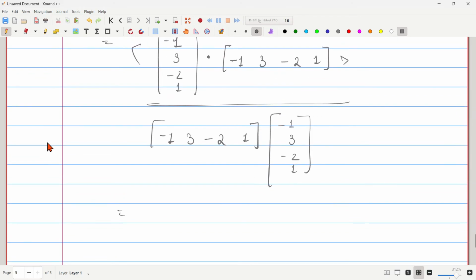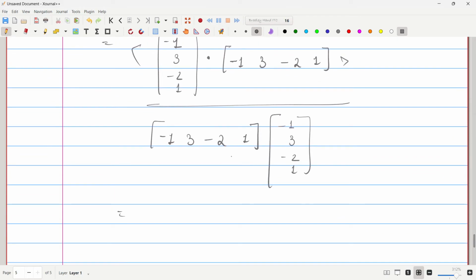So what is the dimension of this now? Row into column, 1 into 4 and 4 into 1. So this will give a proper value. So the value is 15. You can say -1 into -1, 1, plus 3 into 3, 9, 9 plus 1, 10, minus 2 into minus 2, 4, 10 plus 4, 14, 14, 1 into 1, and 15.